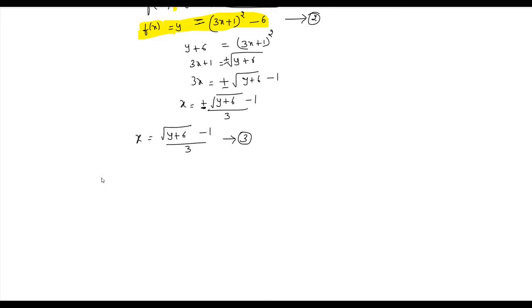Now, since we have expressed x in terms of y, we can easily define a function. Let us define the function g from A to positive set of real numbers, A to R plus, such that g of y is equal to (root of y plus 6, minus 1) whole divided by 3, and I am calling this as equation 4.